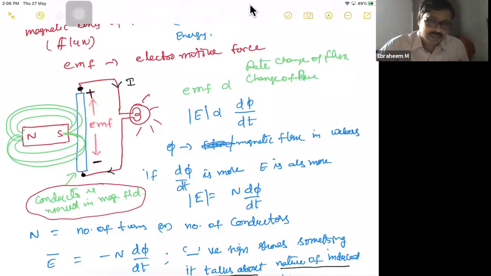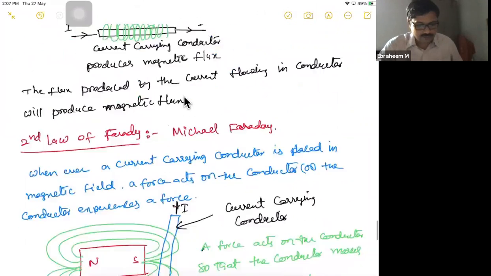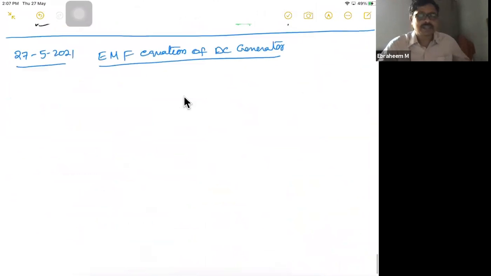This current-carrying conductor which is moving in the magnetic field will experience a force. That is called torque, or electromagnetic torque.